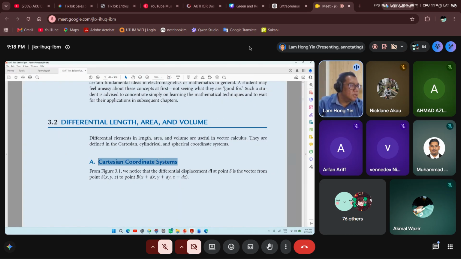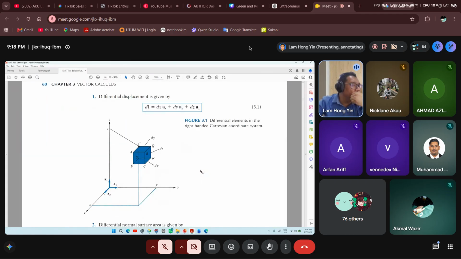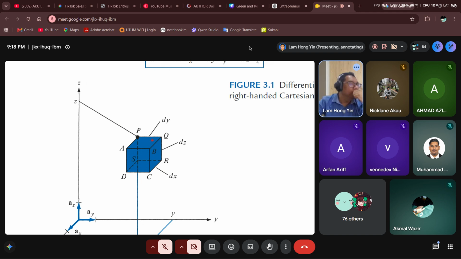The Cartesian coordinate system, as I told you, has x, y, and z. Look at this picture. Each of them is represented by a small difference of y, a small difference of x, and a small difference of z. So if the y axis changes, you have dy. If the z axis changes, you have dz.